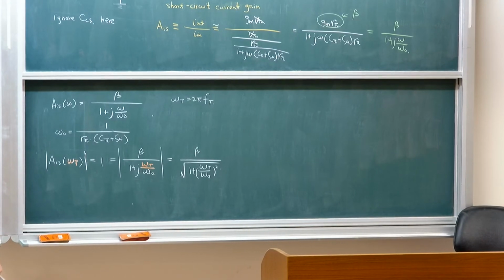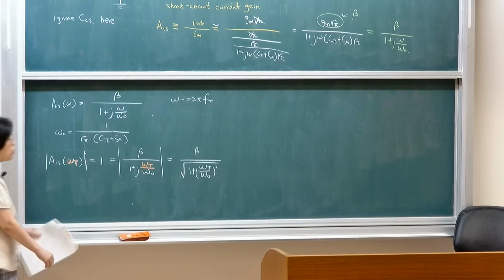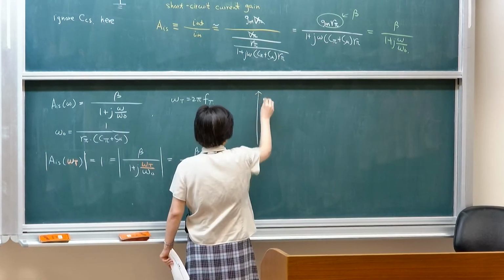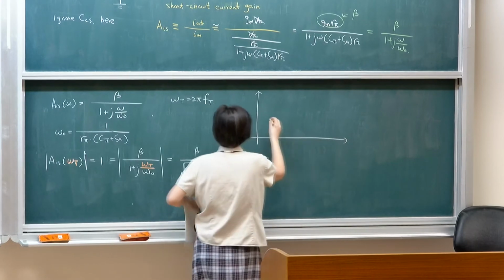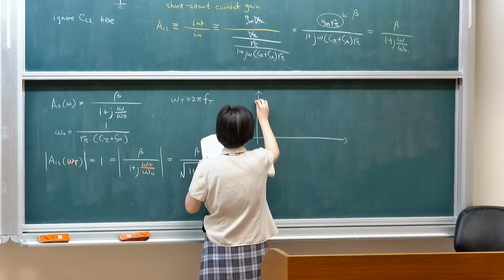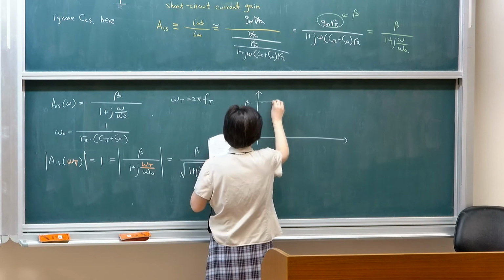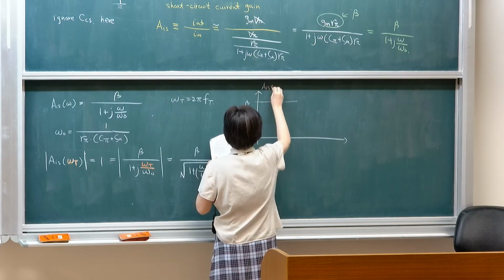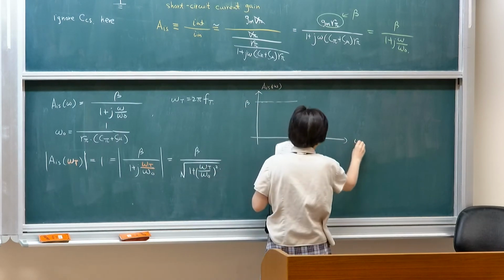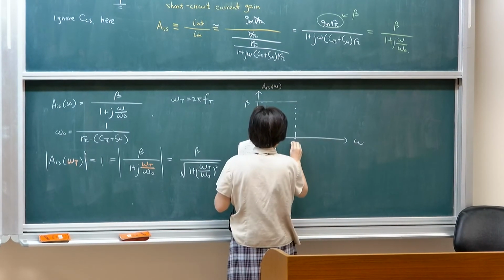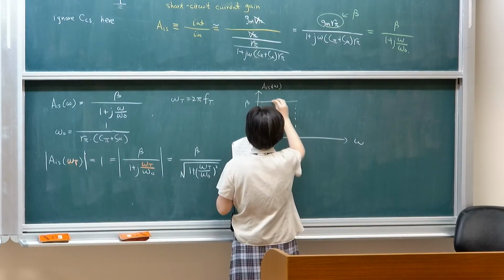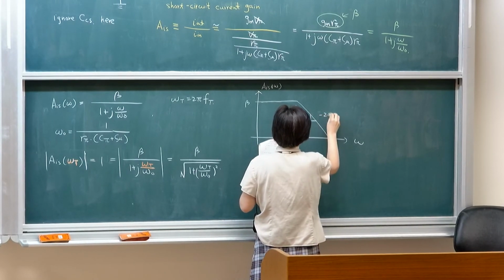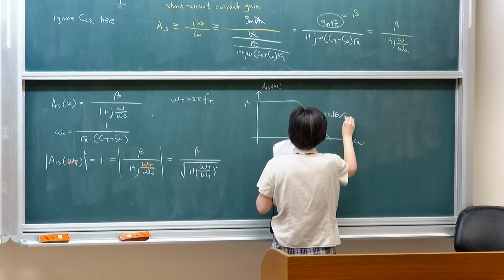So you can either do this by solving this equation, or we can do some approximation. We can do the Bode plot, and then we can do approximation as well. If this is beta, the current gain, we know that this is the short circuit current gain as a function of frequency. Its corner is omega 0, and it will start to fall at a rate of minus 20 dB per decade.